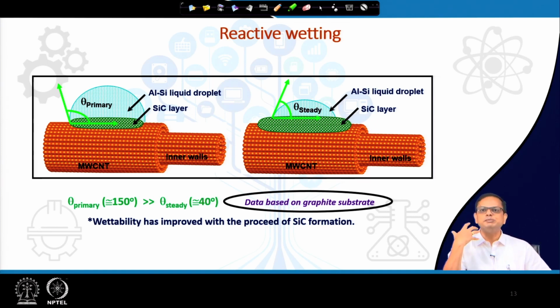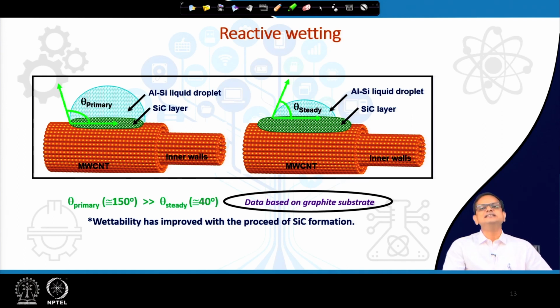It will not be flowing over MWCNT or graphene surface. So, obviously, the theta value or the wetting angle comes down. Okay. So, you can see here from around 150 degree initially it comes down to around 40 degree. Okay. So, that is the beauty of formation of silicon carbide.